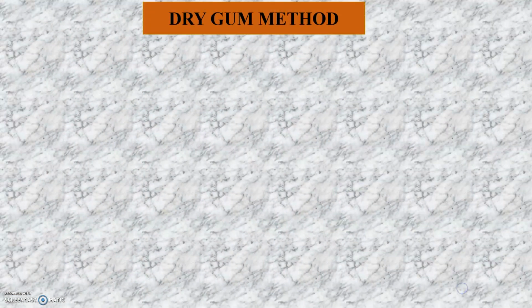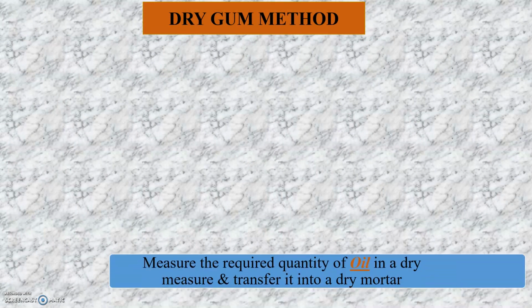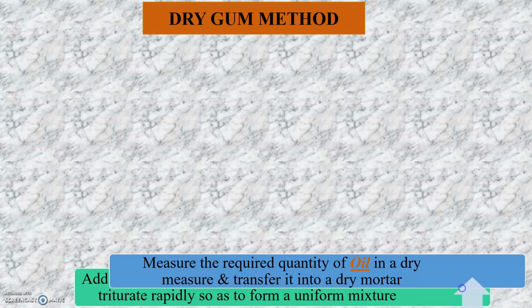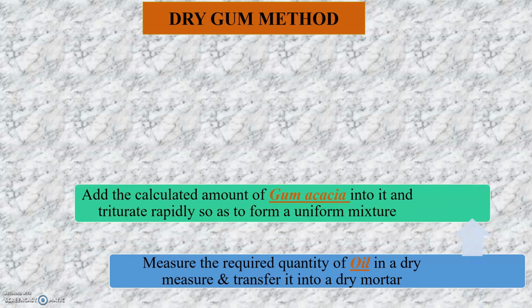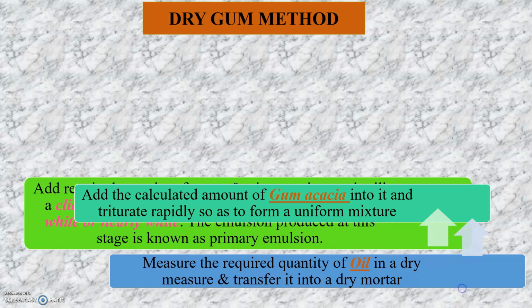Now let us see our first method, that is dry gum method. The first step is to measure the required quantity of oil in a dry measure and transfer it into a dry mortar. Then add the calculated amount of gum acacia into it and triturate rapidly so as to form a uniform mixture.